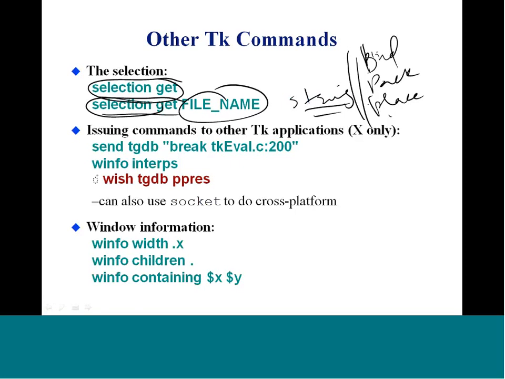The other ways to do it are selection clear, which clears whatever was selected before, a specified selection. There is a selection handle, which you can do on a command, so that you can define that command to be the handler for the selection request.